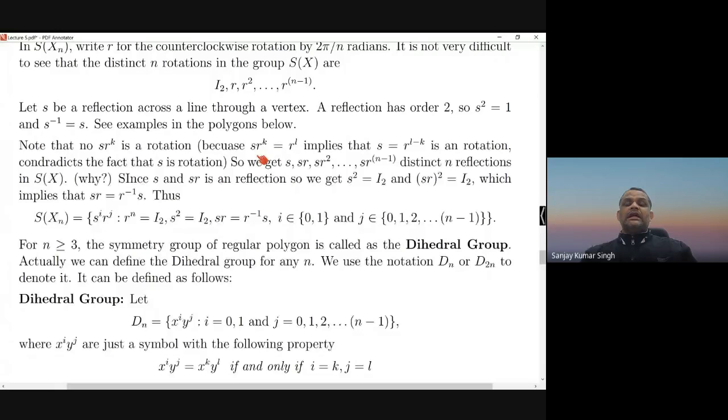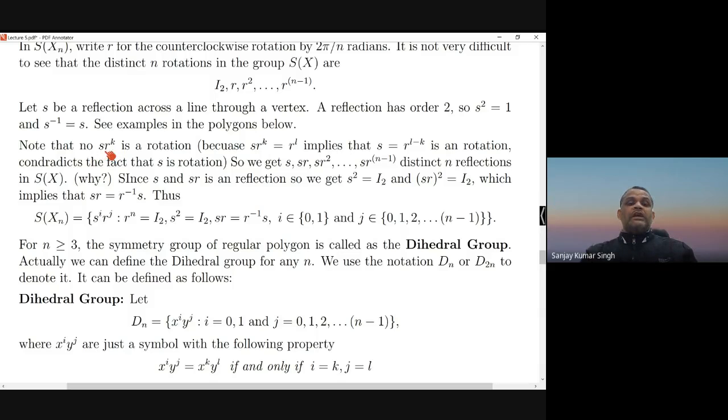This implies that s = r^(l-k). But this is a rotation and this is a reflection, and this is not possible. Why? Because the determinant of a reflection is -1 and the determinant of a rotation is 1. So this will never happen, and hence these are not rotations.